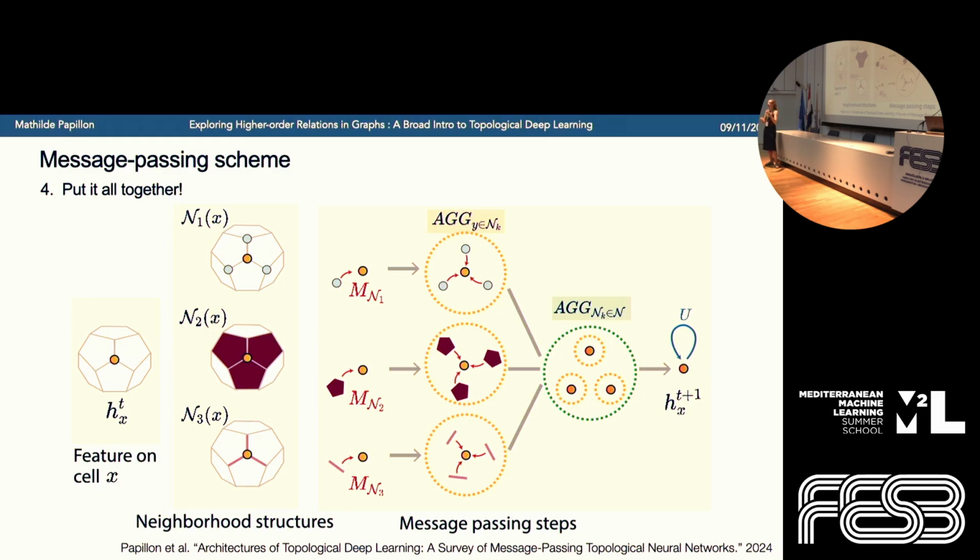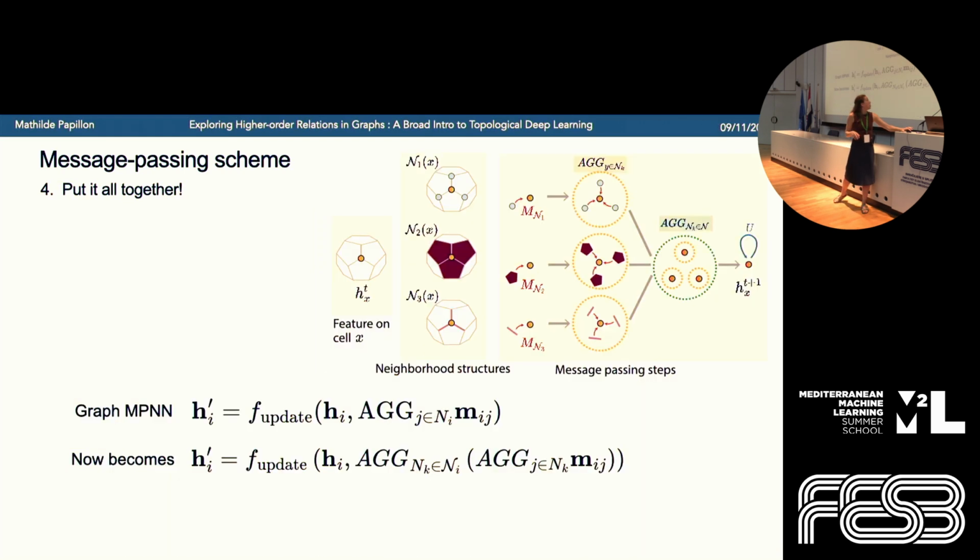Hopefully, it makes sense as a general extension to what we saw before with GNNs, except with more neighborhoods and more ranks. Okay, so just to recap, this is what we had before, the graph message passing neural network. This is the equation we came up with that's oh so general in the graph world. Now, what does this look like in TDL?